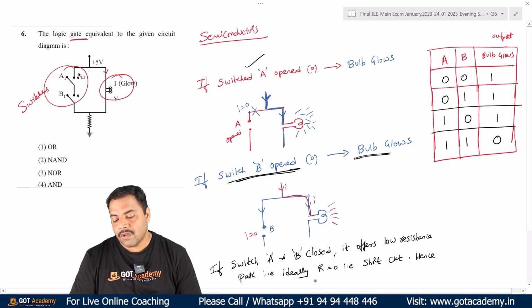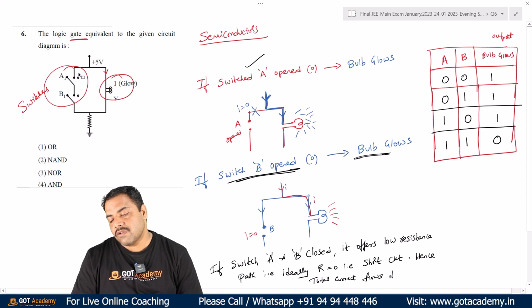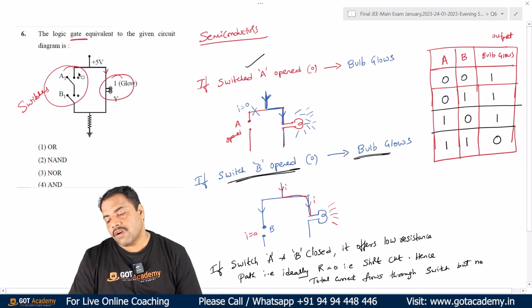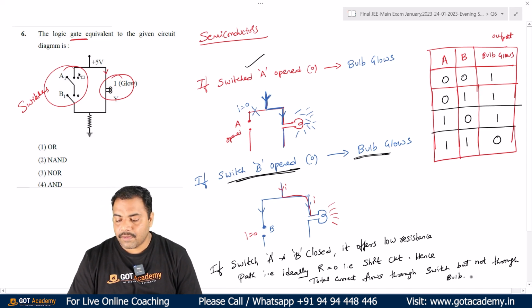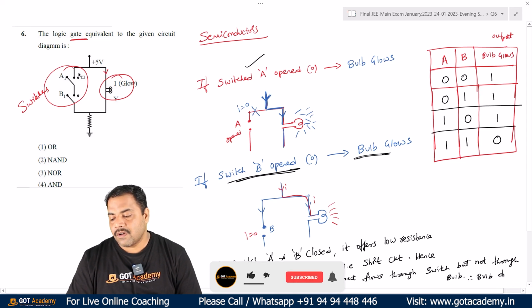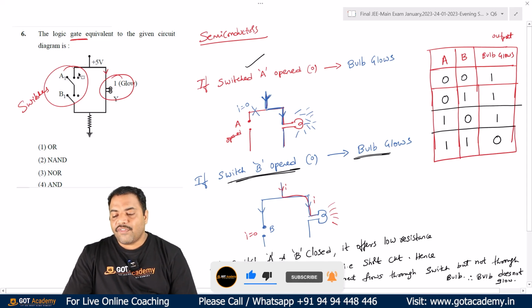Hence, total current flows through the switch but not through the bulb. Therefore, the bulb does not glow. Okay, so like this I formed the truth table.